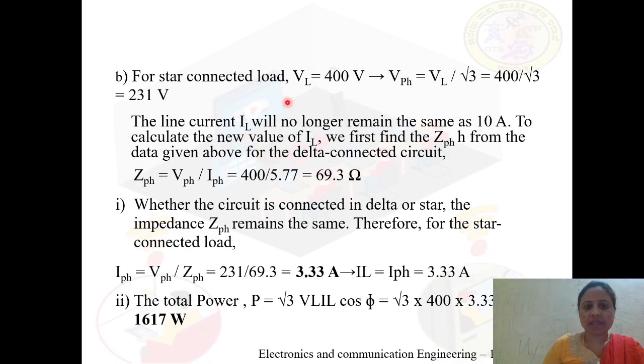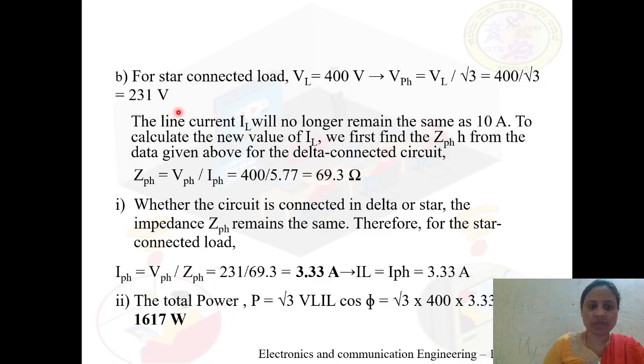So for the star connected system, the voltage VL is equal to root 3 times VP, and IL is equal to IP. So V phase can be calculated as VL by root 3. I repeat, VL is root 3 times VP. Therefore VP is VL by root 3.